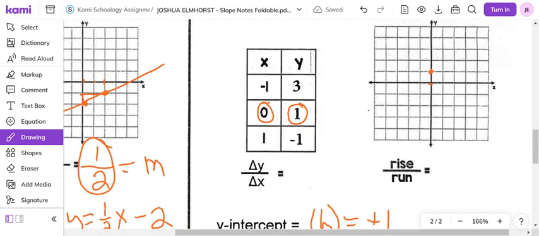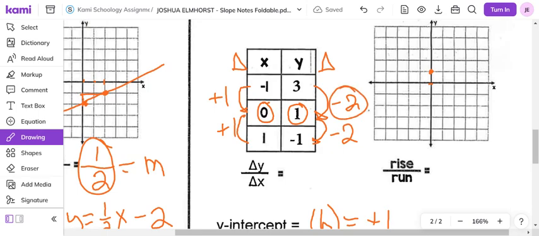Now, in order to calculate the slope, we're looking for the change in y and then make a fraction out of the change in x. So from 3 to 1, it's going to go down 2. And from 1 to -1, it's going to go down 2. From -1 to 0, it goes up 1. And from 0 to 1, it goes up 1.